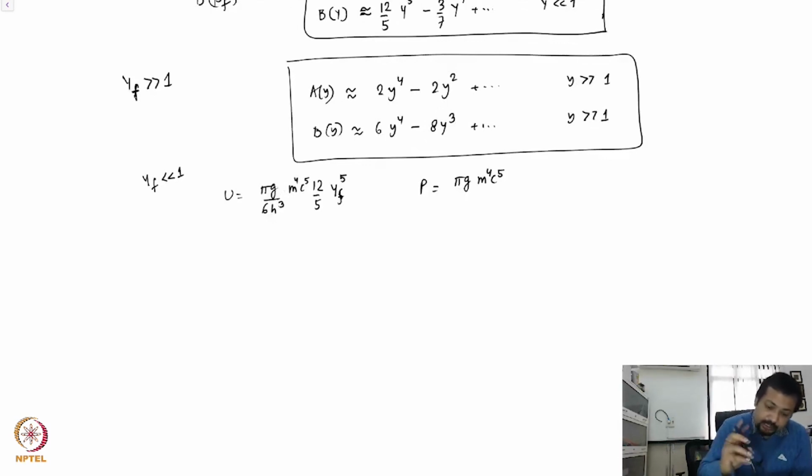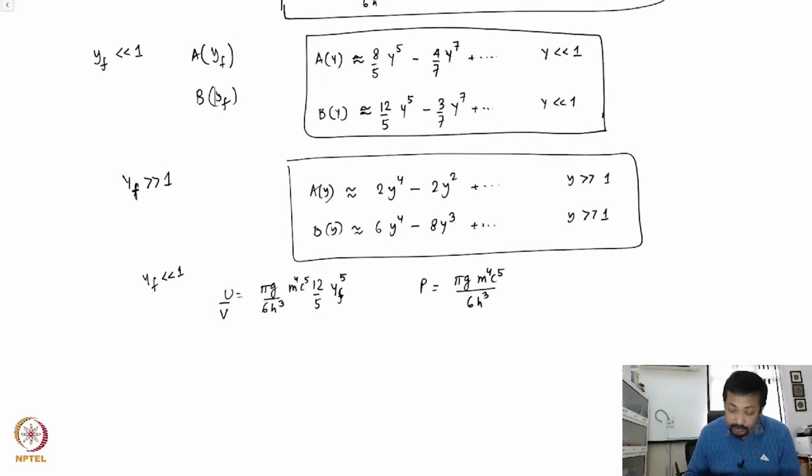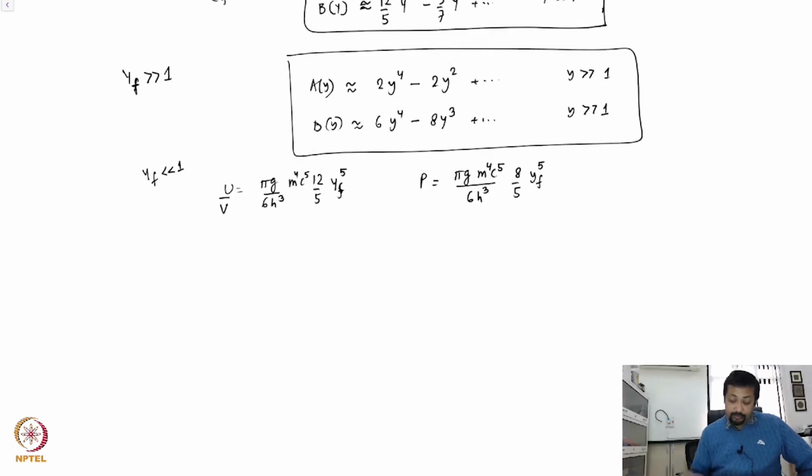In this expression, let's take the volume to the other side so that it becomes clearer and easier to handle. I'll have 6h cube, and it's going to be 8 over 5 y_F to the power 5, right? So 2/3 times U over V is going to be pi g m^4 c^5 divided by 6h cube y_F raised to the power 5, 2 by 3 into 12 by 5.